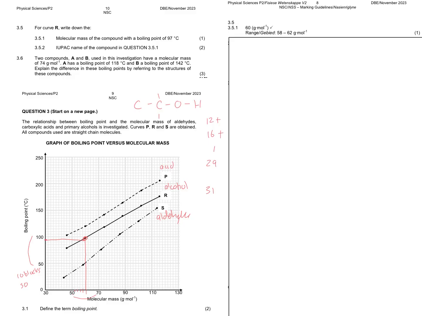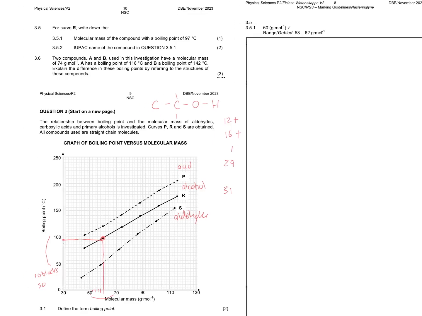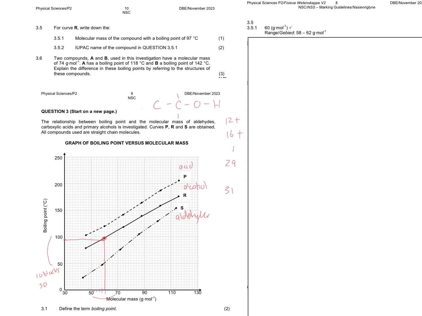If I add an extra carbon, and then another extra carbon, that's adding 24, because carbons are 12. If I add 24, that means I have 7 left over, because 31 minus 24 is 7.